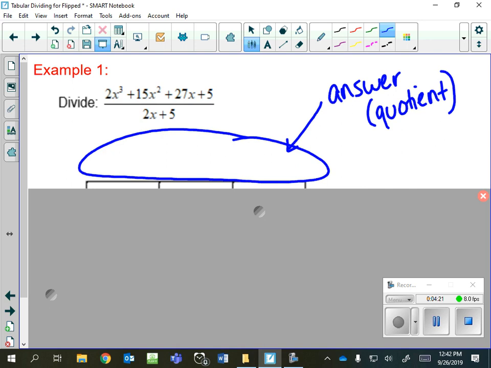You're going to put your divisor on the right side. So because I'm putting a 2x plus 5 on the right side, my table or my tabular setup, my box method, has to have 2 rows. And then your dividend is going to go on the diagonals.